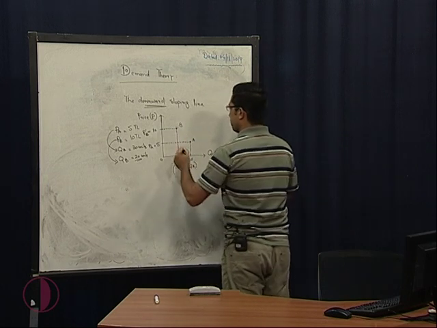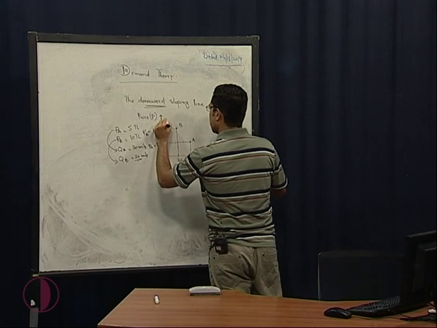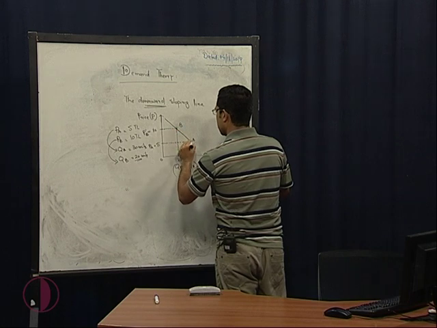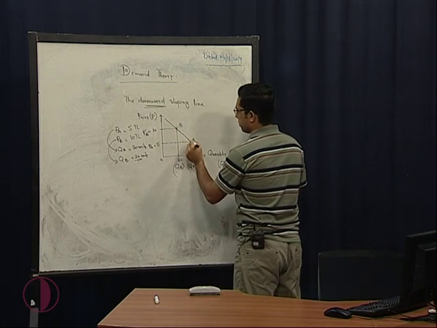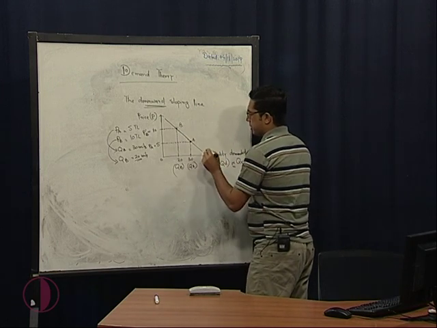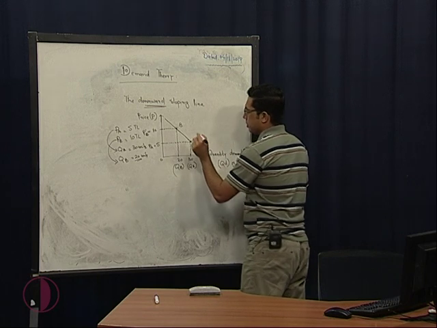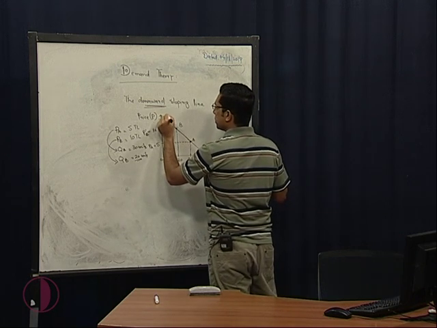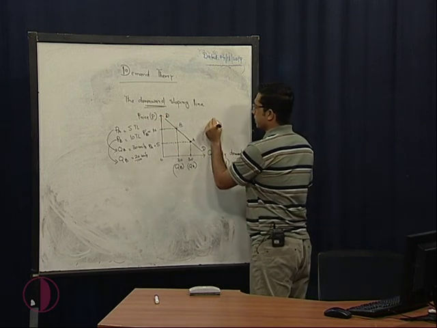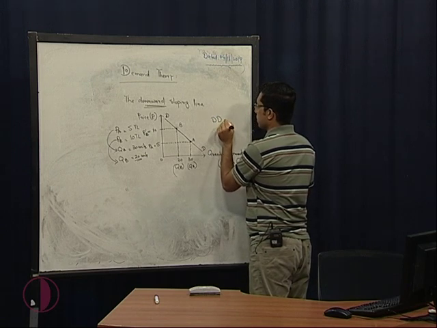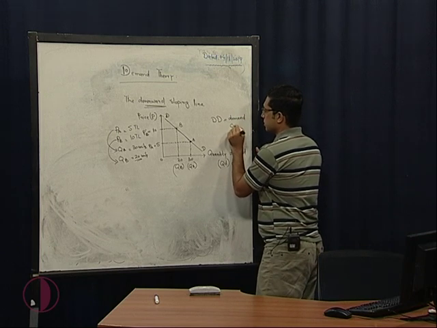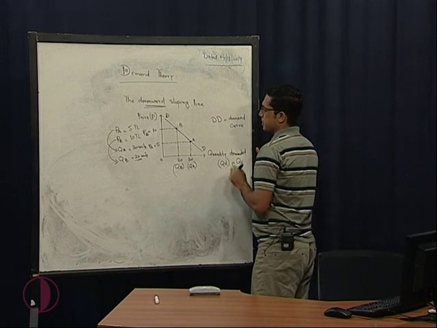Let me call it point B. If we draw a line touching both these points, this line is known as the demand curve. We denote it by DD. DD is the demand curve.